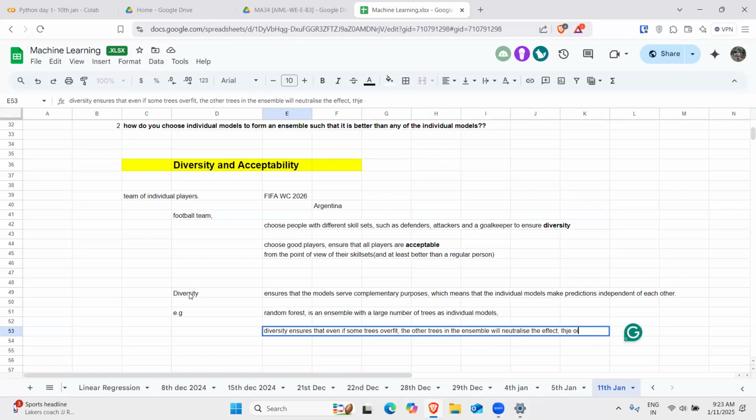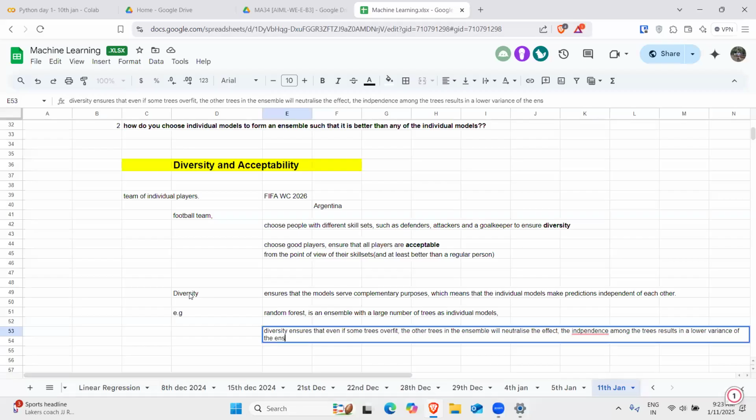And the independence among the trees results in a lower variance of the ensemble compared to a single tree.